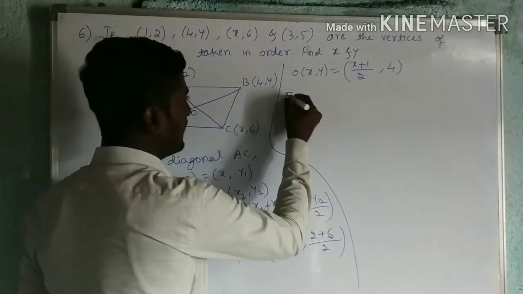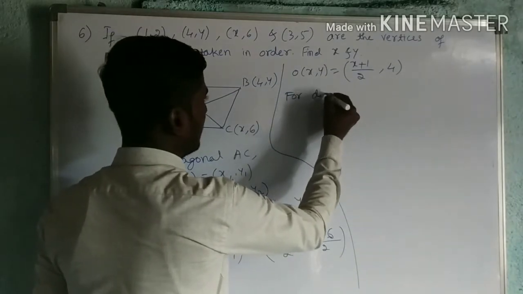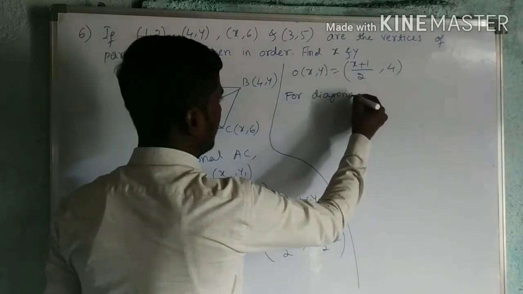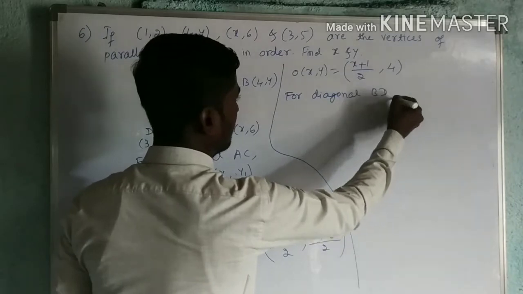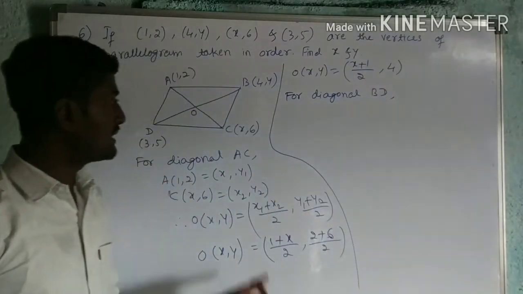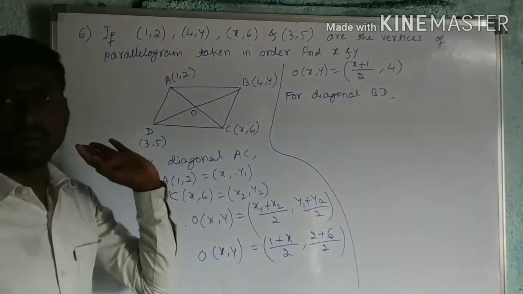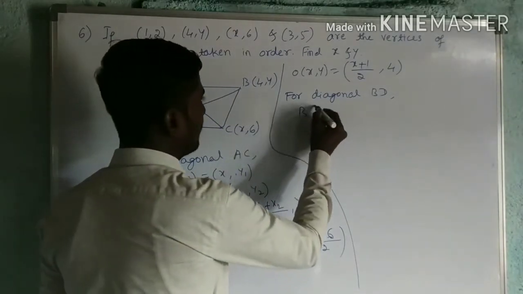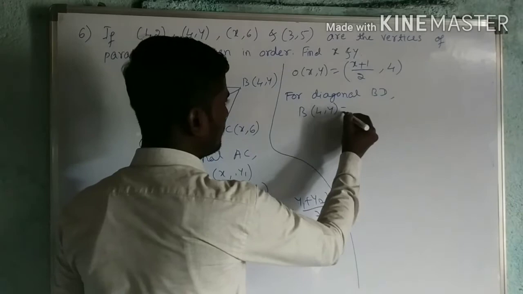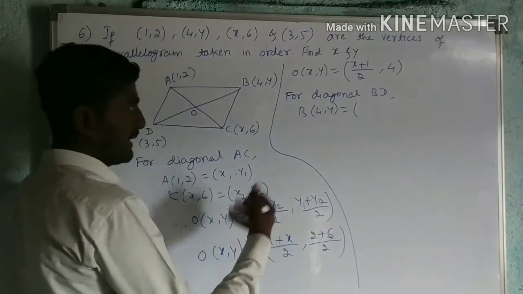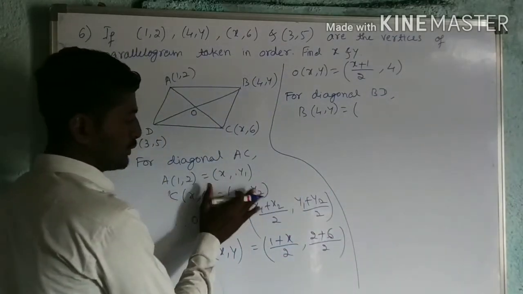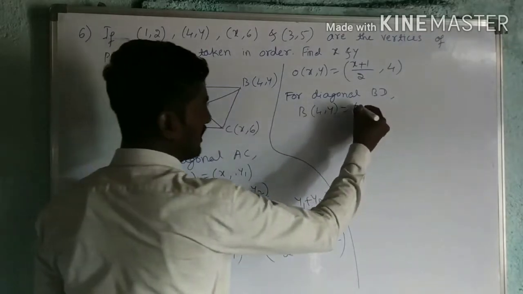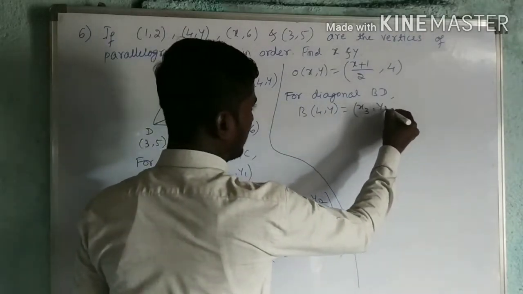For the diagonal BD, here also O is the midpoint of BD. So now B I will take as 4 comma y. Other than x1, x2, y1, y2, I will take some other values: x3, y3.